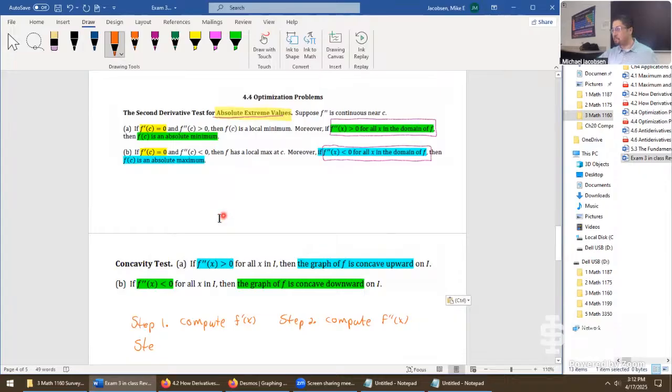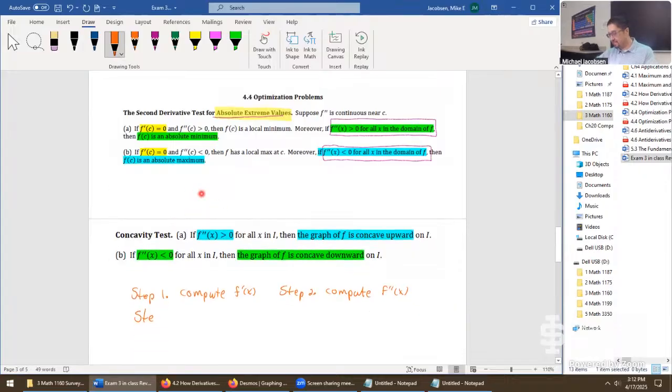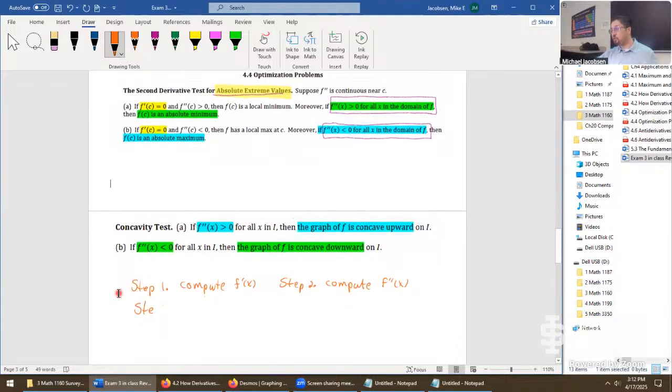We're describing steps of the concavity test. That would be a weird mix-up otherwise. So step 1, you compute the first derivative. Step 2, you need the second derivative. And step 3, solve f double prime of x equals 0.